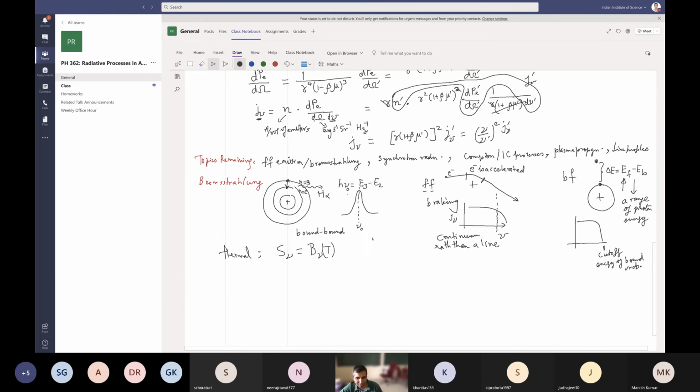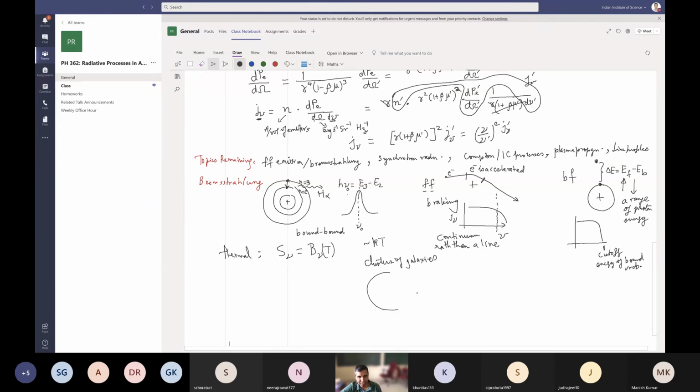So emission because of thermal processes. Here you have a plasma which has some temperature or energy given by kT. So the photons that are emitted are also of the same order. For example, a very common source of free-free emission in astrophysics is clusters of galaxies. What are clusters of galaxies?